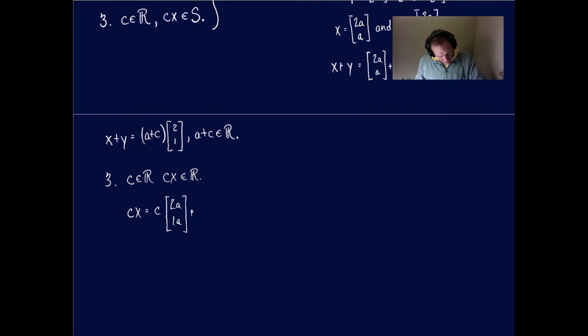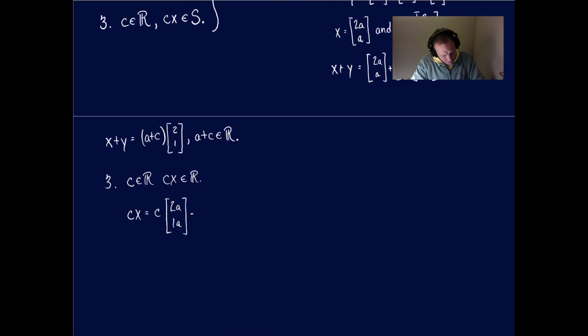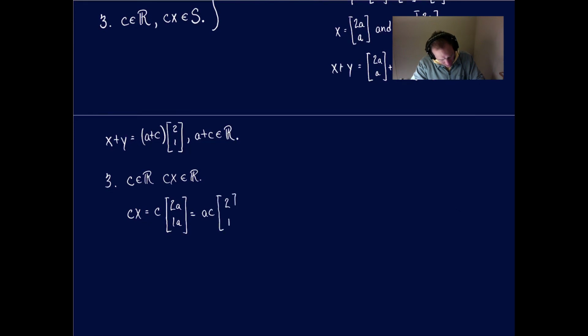That is equal to a times c times 2, 1. In other words, it's just a scalar multiple of x. And so you would say that yeah, that's still in S. And that's how you show something is a subspace.